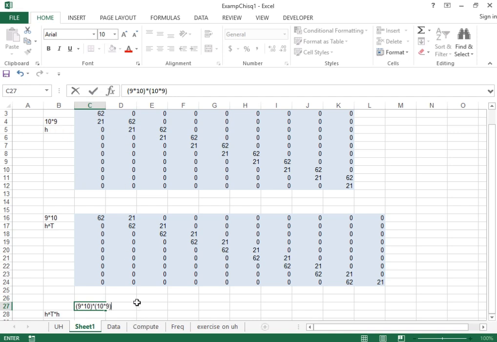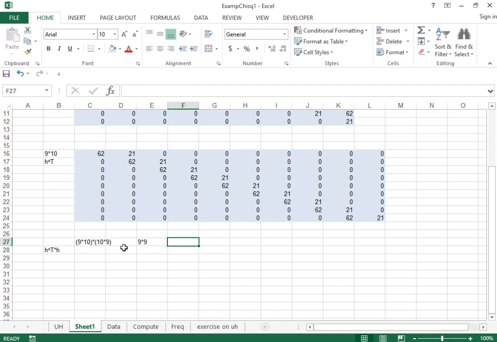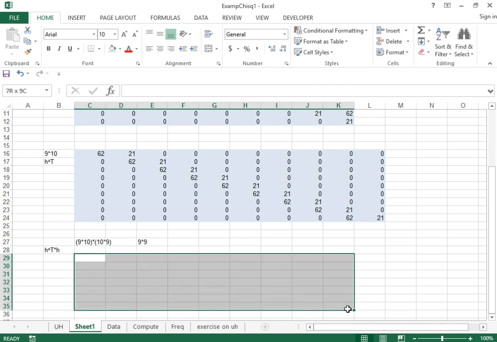So finally we get a 9 by 9 matrix. You should take it in such a way. Therefore you should select a 9 by 9 matrix here. You can observe under this one how many cells you are selecting. So I think it is 7 by 9, 8 by 9, 9 by 9 matrix.